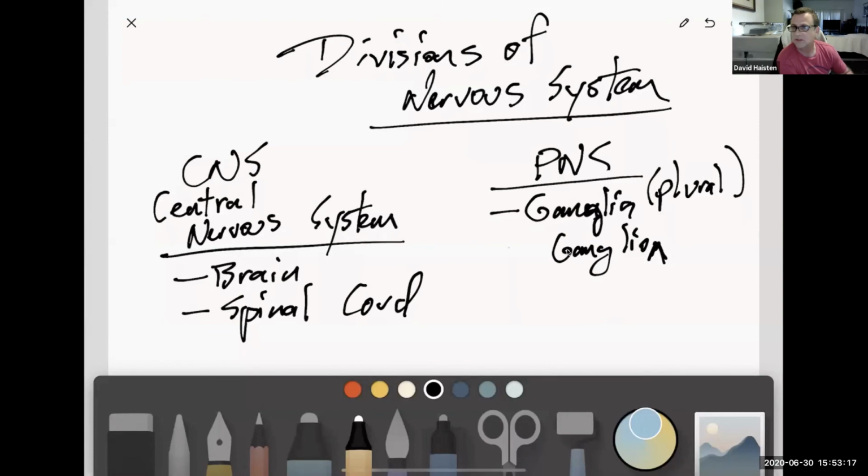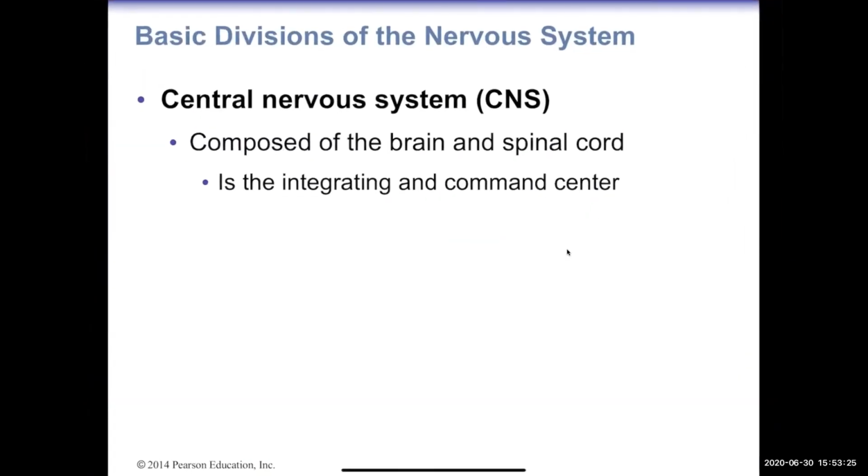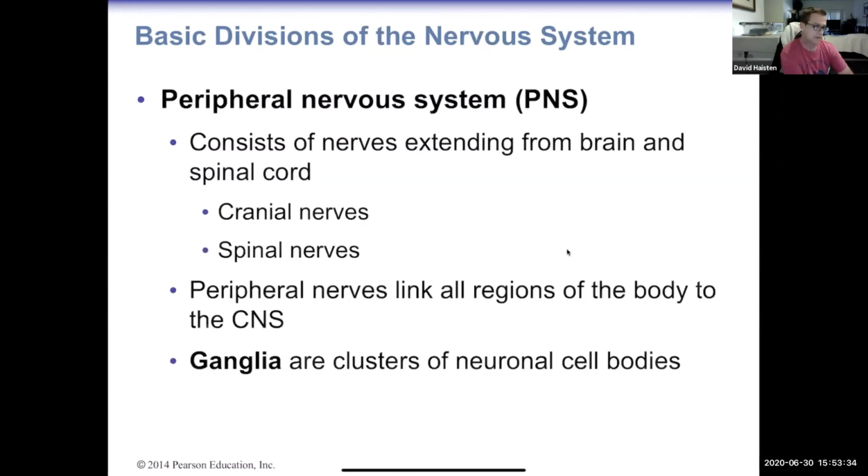There's the divisions of the nervous system. Central nervous system, brain and spinal cord. It's the command center, the integration center. Peripheral nervous system: nerves that are extending from the brain and spinal cord.